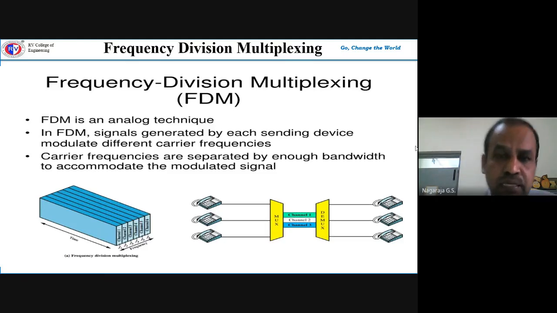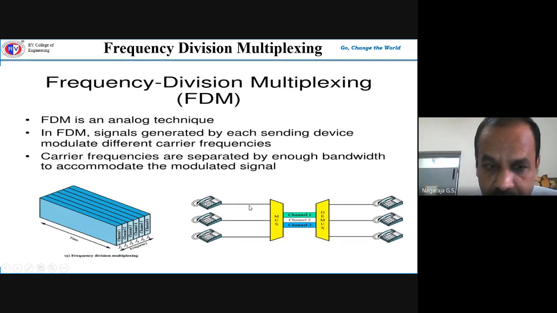Let us first understand frequency division multiplexing. It's an analog technique basically. In FDM, signals generated by each sending device modulate different carrier frequencies. I think you can notice that from the diagram below as well. Carrier frequencies are separated by enough bandwidth to accommodate the modulated signals.